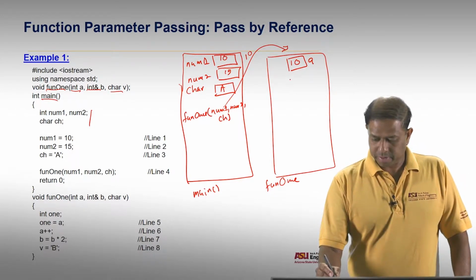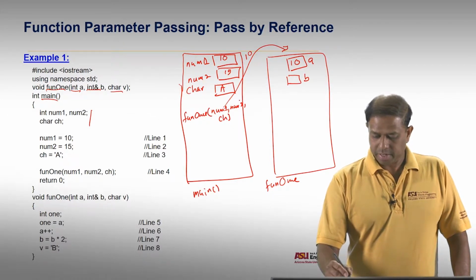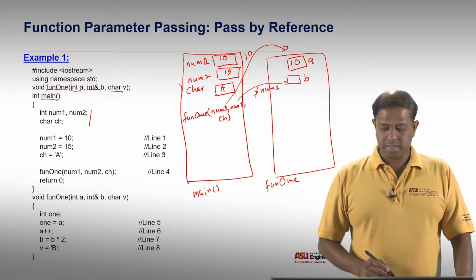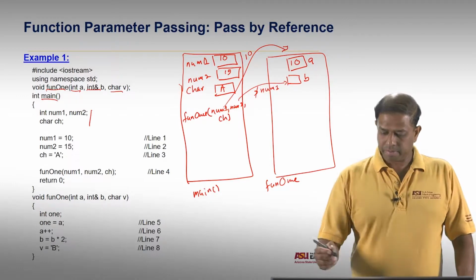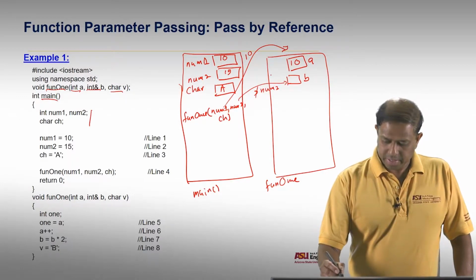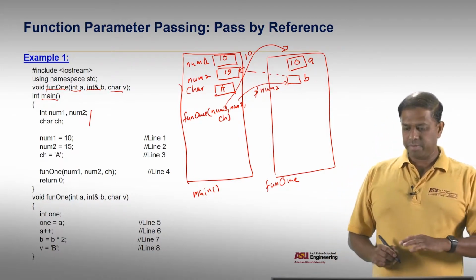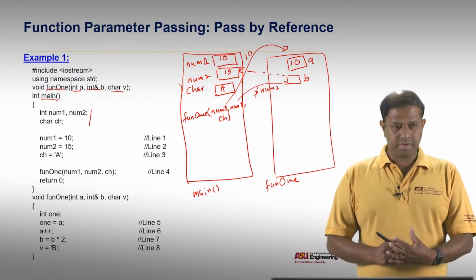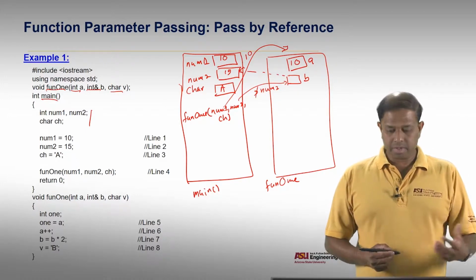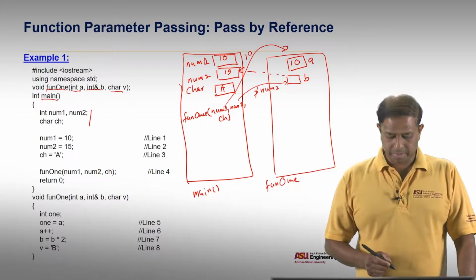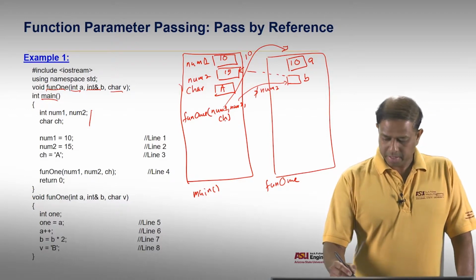So b, on the other hand, is getting the memory address of num2. Since b is getting the memory address of num2, b will essentially point at num2. So it's not going to hold the value stored in num2 but the memory address of num2.